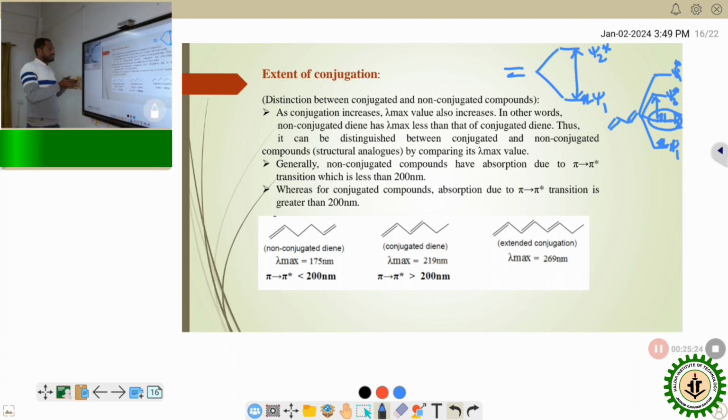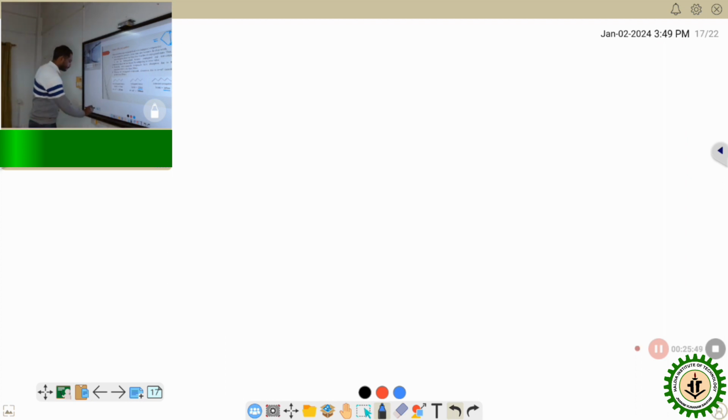So conjugated systems increase the lambda max value. Generally, non-conjugated compounds absorb energy due to pi transition at less than 200 nanometer, whereas conjugated systems absorb at greater than 200 nanometer. For this system, 219 nanometer absorbance, and this is 269 nanometer. So the absorbance also increases.